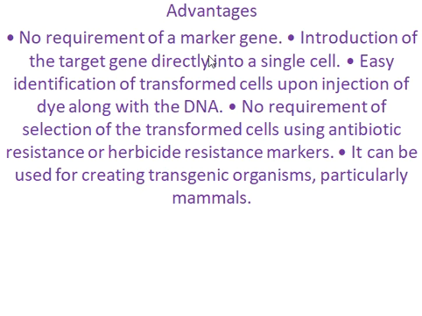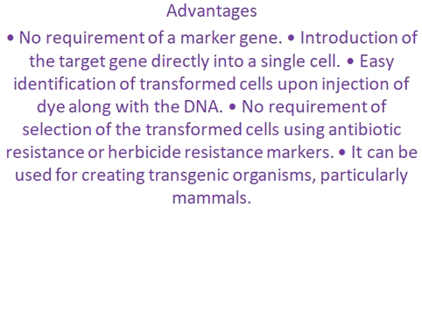When compared with electroporation, where we non-specifically transfer the gene of interest, here we specifically inject into a target location. If it is a male pronucleus, we inject into the male pronucleus. Or for the female pronucleus, we can inject into the female pronucleus, or we can inject into the embryo. Like that, we can inject into the exact position. So there is no requirement of a marker gene.